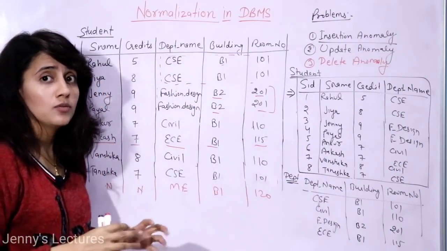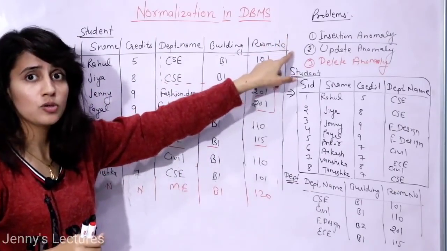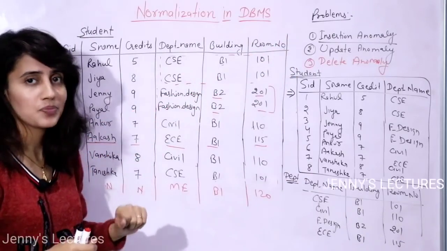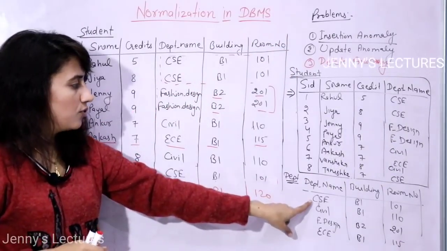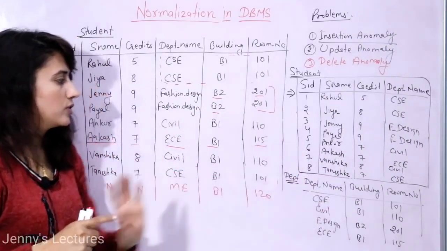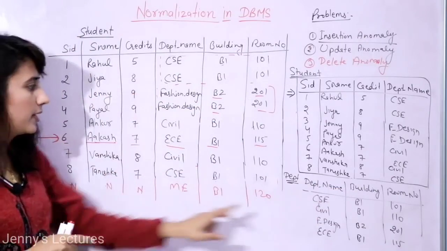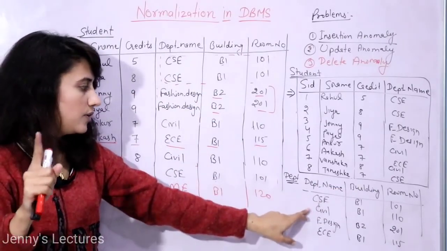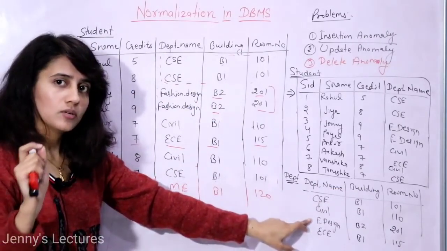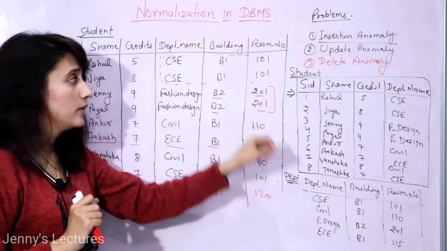Now you can see we have removed all these problems. Why? Because we have removed the redundancy. See, the information for CSE department I am storing only once, building B1 and room number 101. Here we have to store for each student, but here only once. Civil also once, fashion designing only once, and ECE also once, not for each student.